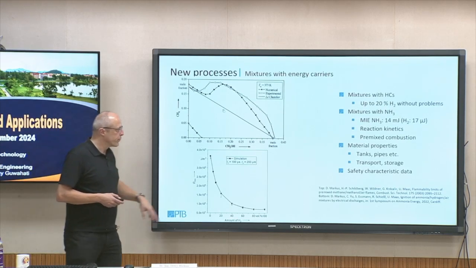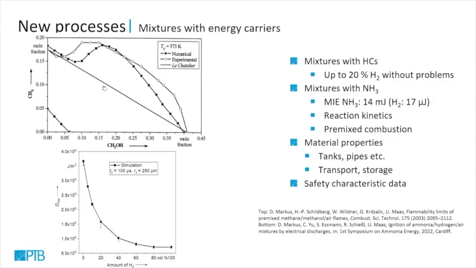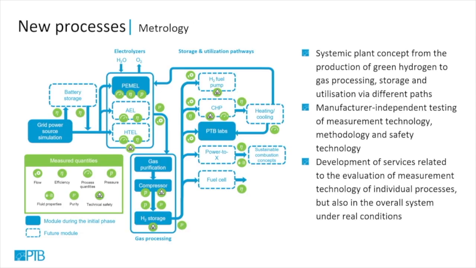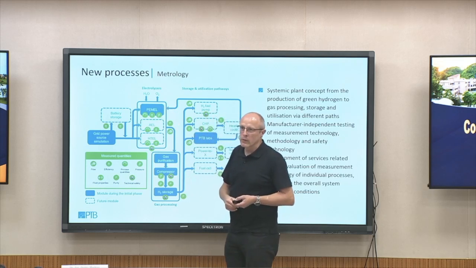And of course, when we handle these mixtures, we need to learn a lot concerning the material properties to handle, to transport, to store this safely. So to deal with this topic at PTB, we want to build up an equipment you see here. We start the investment now with a grid power source simulation together with an electrolyzer.